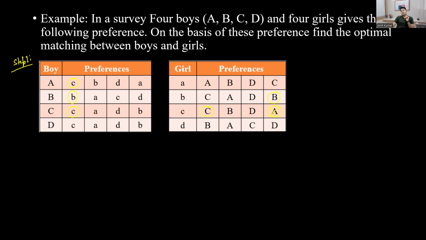This is the important point over here. When C proposed to c, then small c accepted because it is better than the current offer or current option she is having.